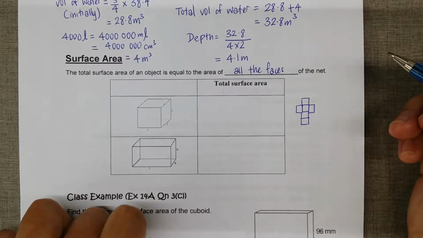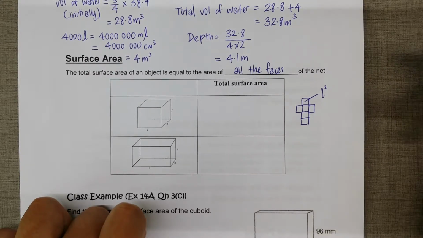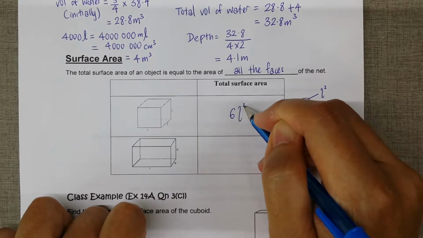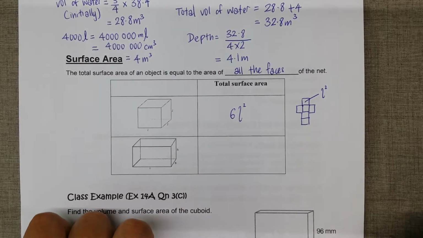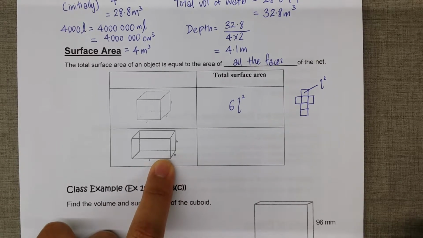So total surface area, one face will be L square. I have 6 of them. Total surface area will be 6L square. Is that okay? Next up, a cuboid will be different.